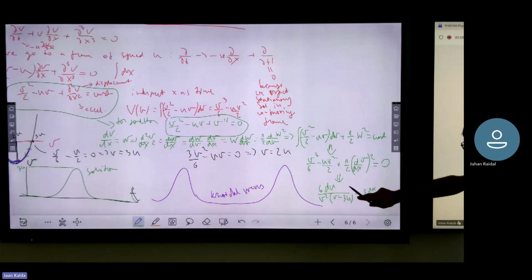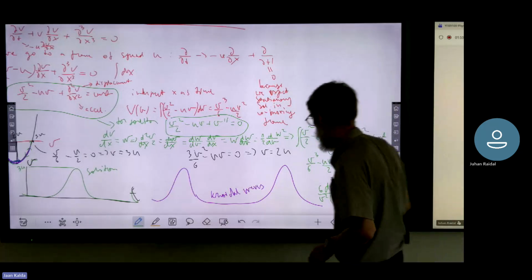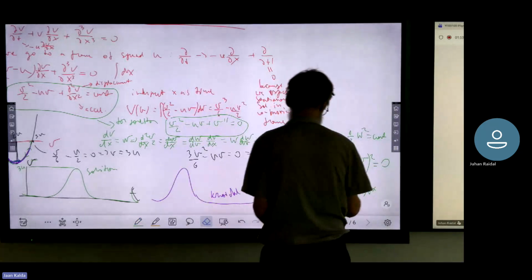So I separate here dv, take the square root. I already forgot the square root. Let's do it the wrong way.